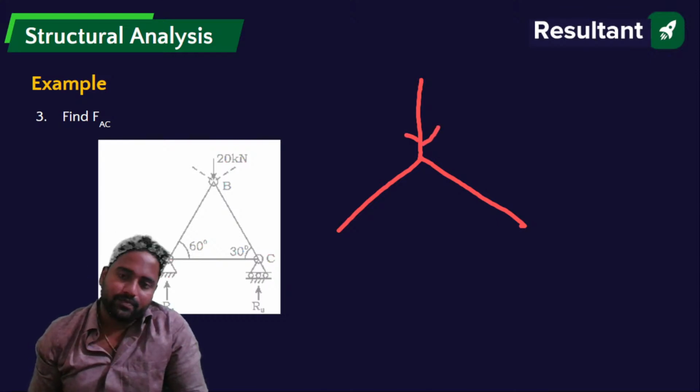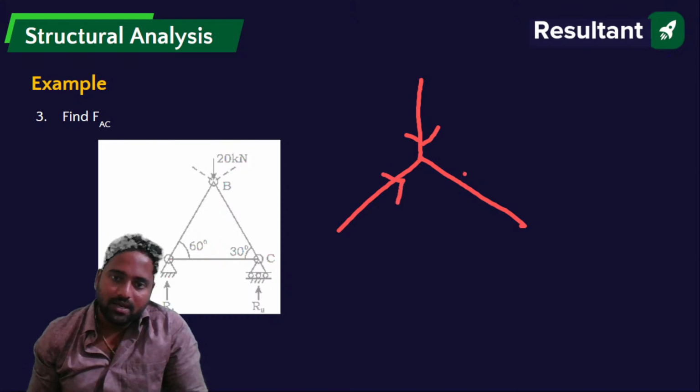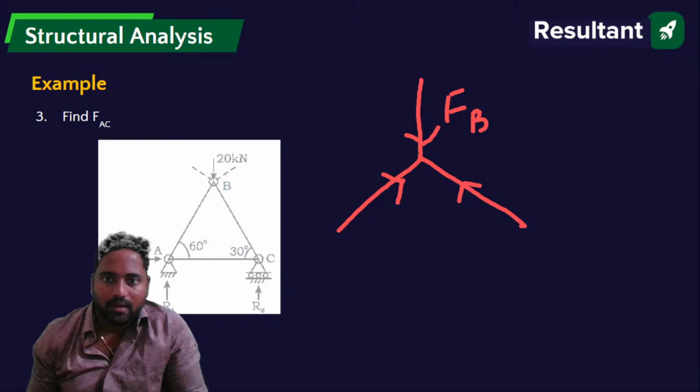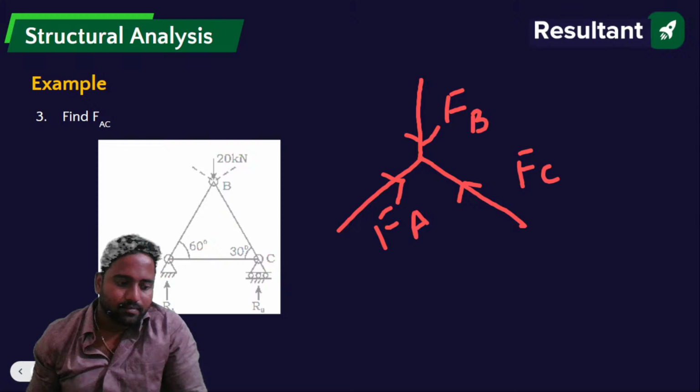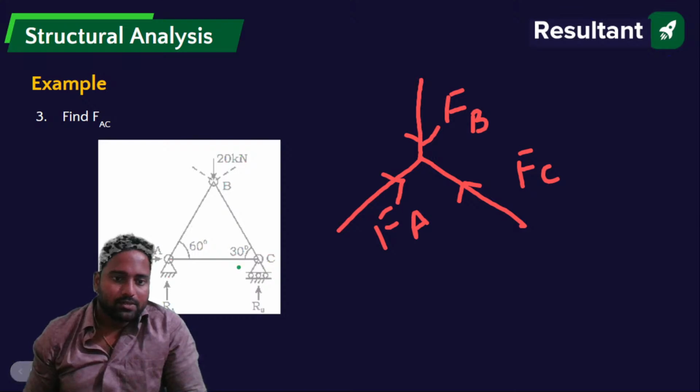So if three members are meeting at a joint, I'll call these FB, FC, FA. I'm trying to explain this by using sine rule.